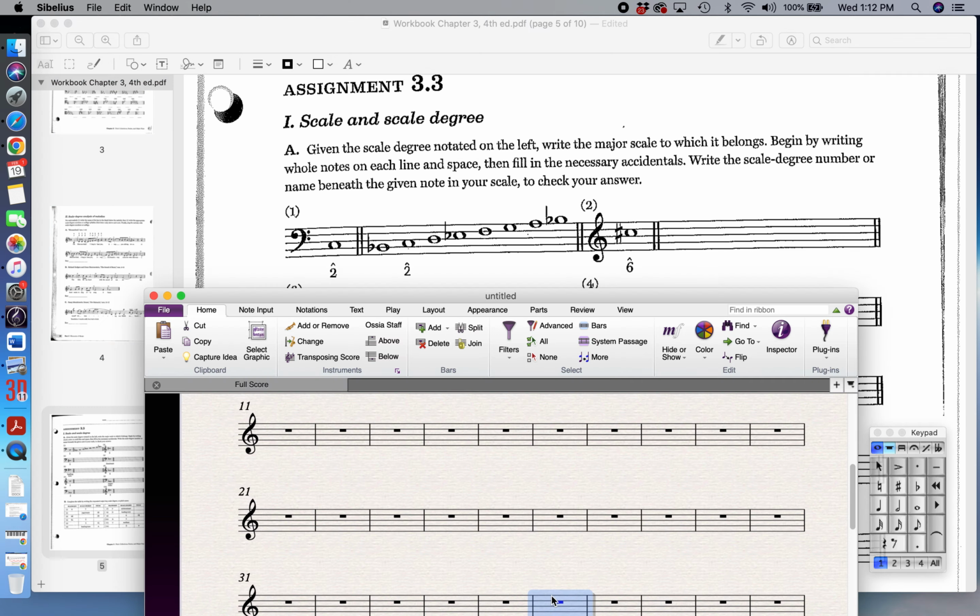So it's asking us for the 6th scale degree to be C sharp. So I'm going to put a C sharp. And then what we have to do is write all the notes before it.